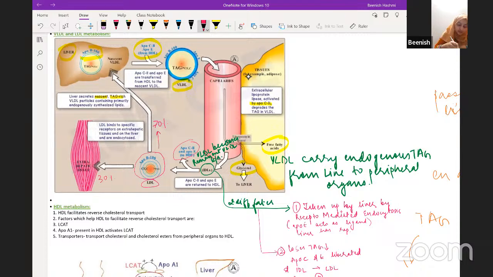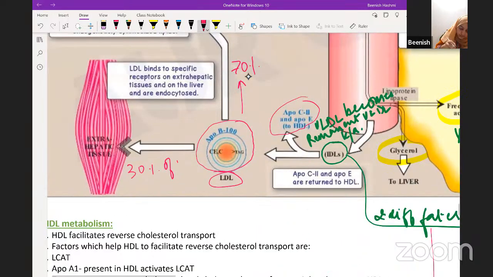And the other fate is that 30% of LDL is taken up by extrahepatic tissue.